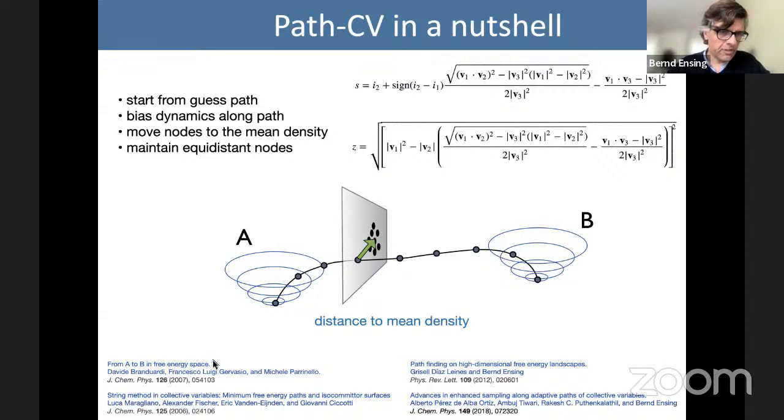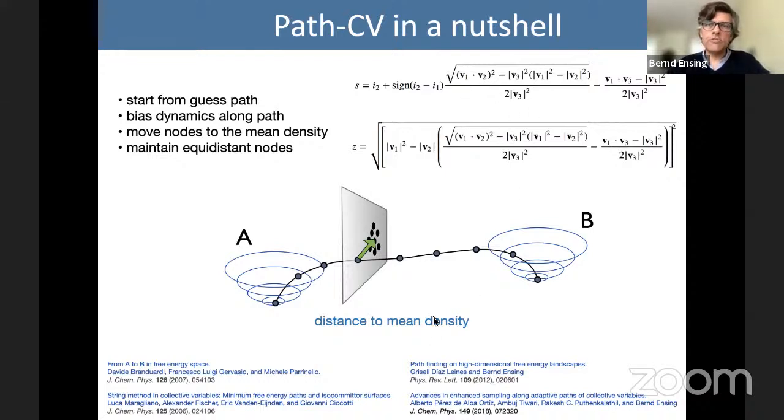And the first path metadynamics method was actually developed by Davide Branduardi, Francesco Gervasio, and Michele Parrinello, and it was called From A to B in Free Energy Space, right? So we're building on that work as well.